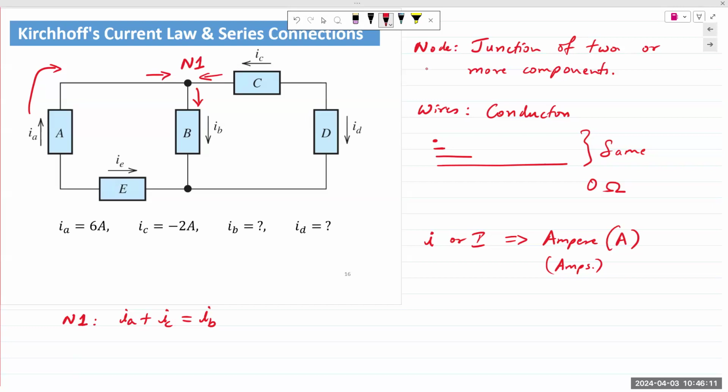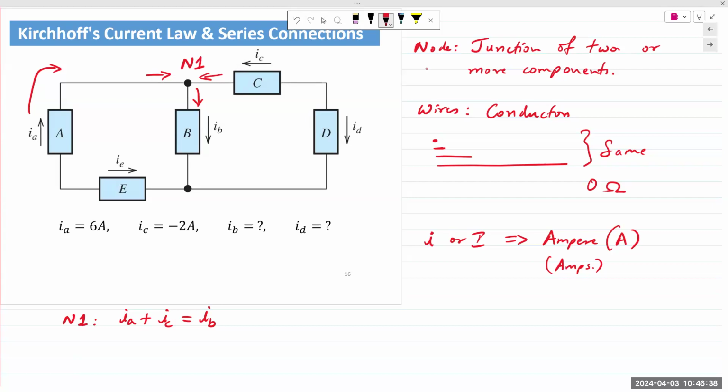So if you have a preferred method that you've learned in the past, you can continue to do so. All I care about is that you know how to apply it. But KCL, again, simply put: all the currents entering a junction on the left side, all the currents leaving the junction on the right side. As simple as that. How about IA and IE?